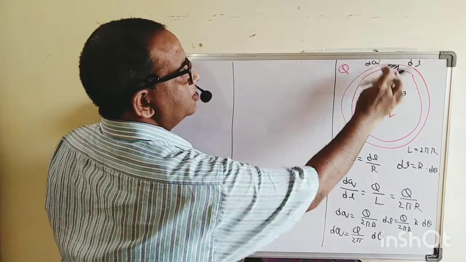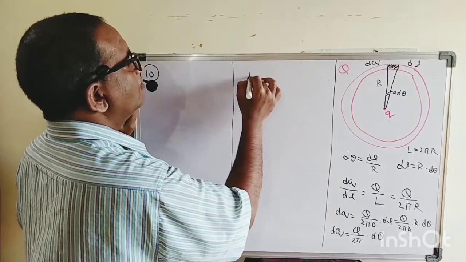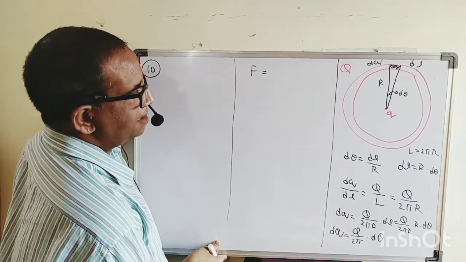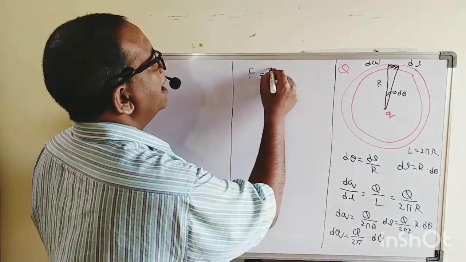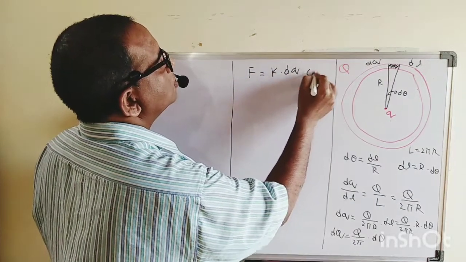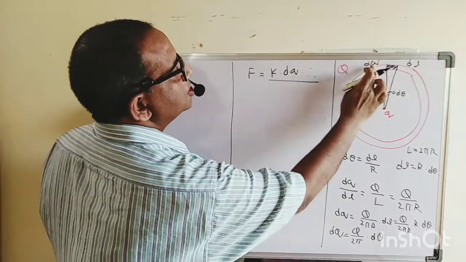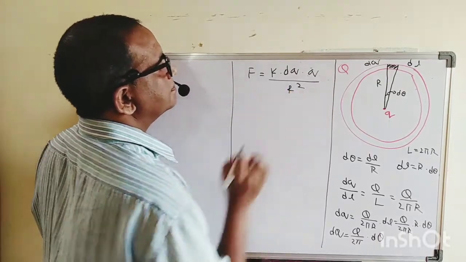Now, this one is dq, and this one is q. So what is the force here? The force is k dq into q by r square.